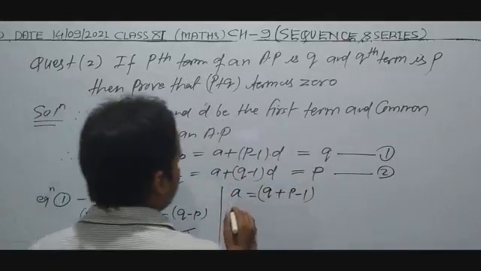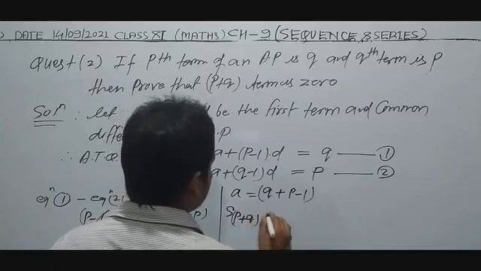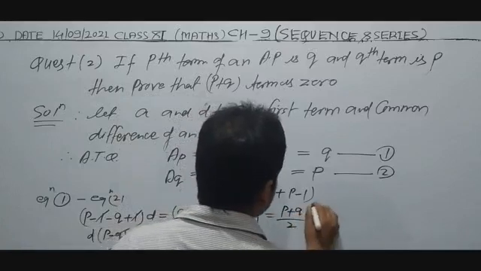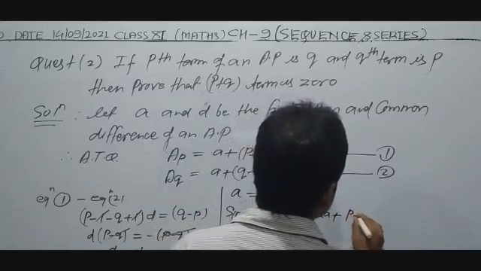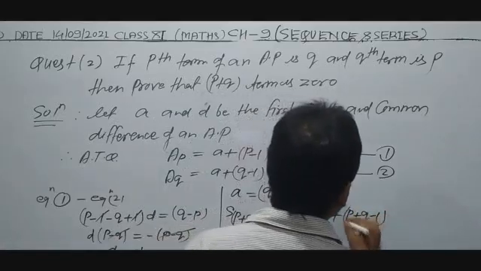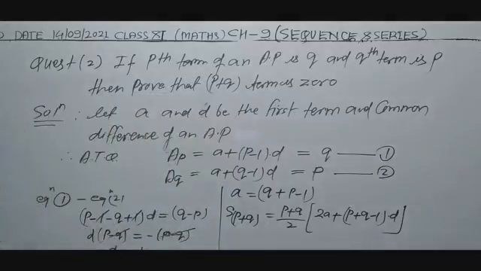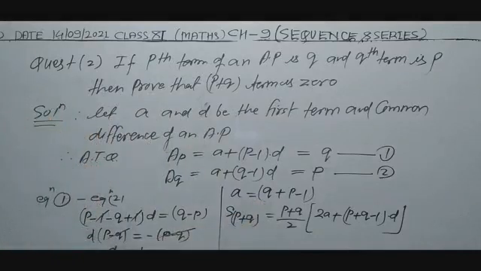Now the sum of the P plus Q term we can write P plus Q by 2 into 2A plus P plus Q minus 1 into D, and D is minus 1 and A is Q plus P minus 1.